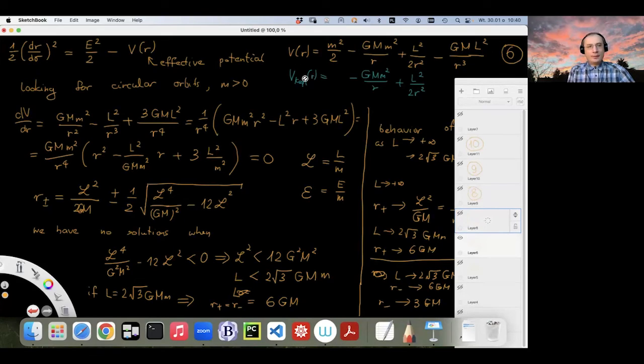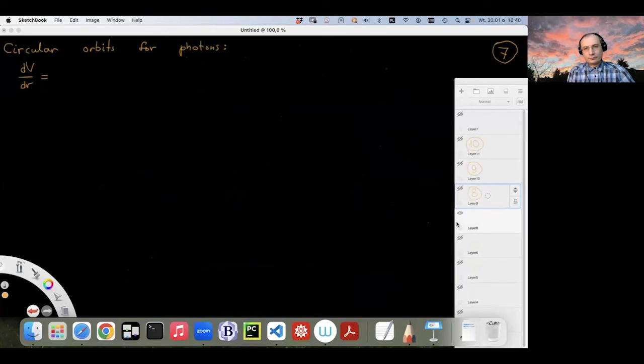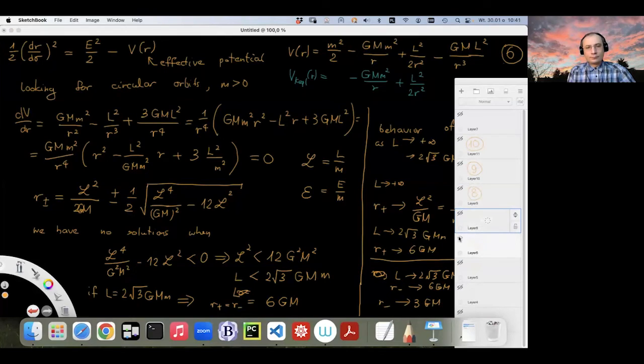And for m equal to 0, this is equal to 1 over r to the power of 4. And here we get minus r squared r.